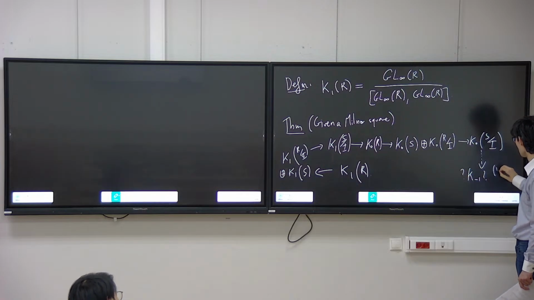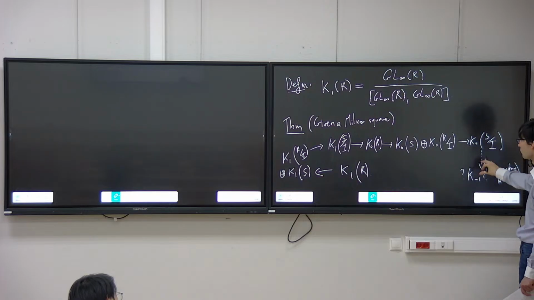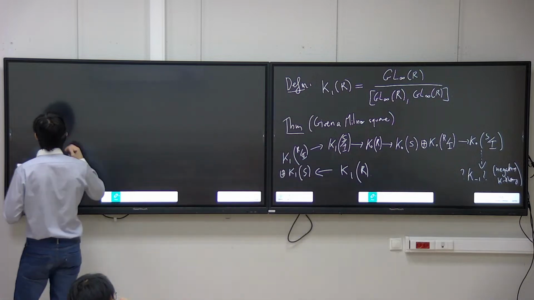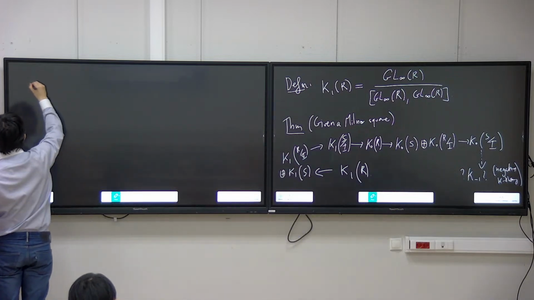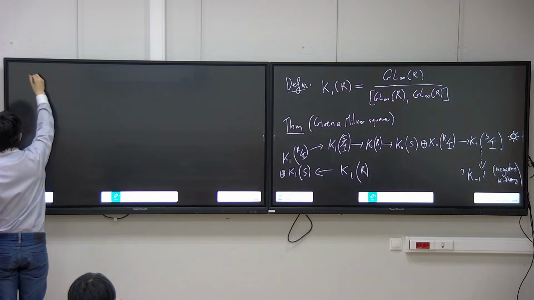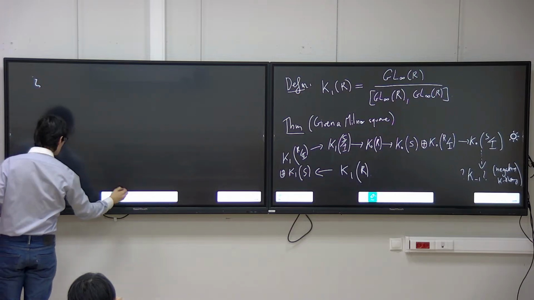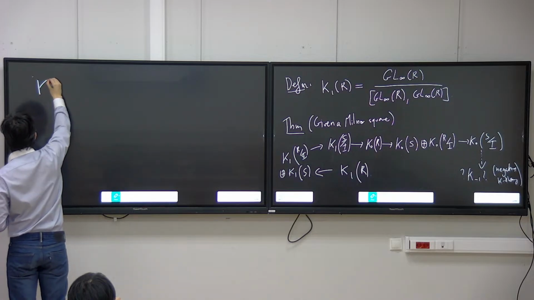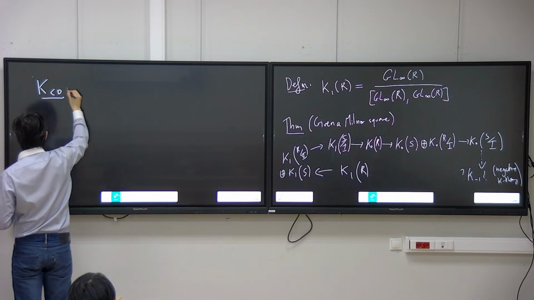So here we have negative K theory. And this is also relatively easy to define without using any kind of heavy machinery. So maybe let's look at negative K theory very quickly.